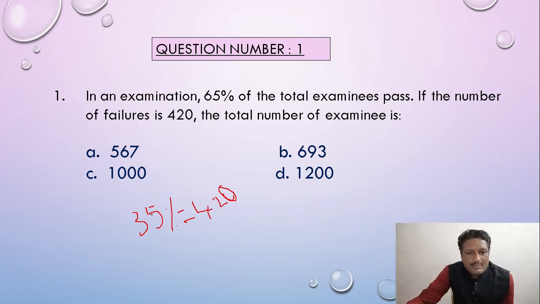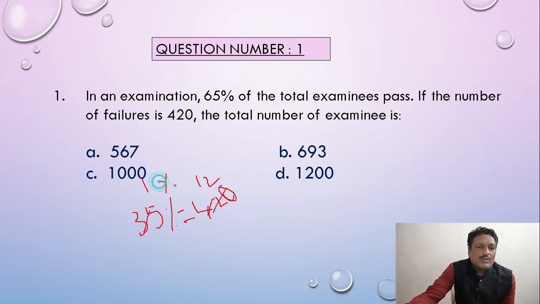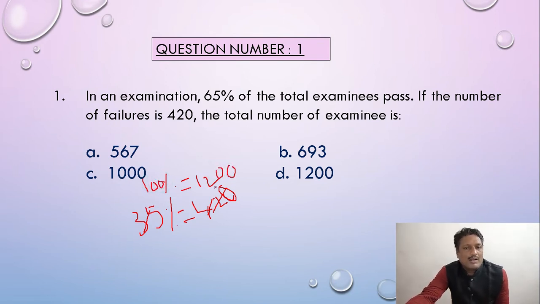See, if we make the calculation, 35 ones are 35, 35 ones are 35, remaining 7 is there, 7 means 70, so 35 twos, so 1% equals 12 only. They're asking for the total number of examinees, that means 100%, so we just put two zeros here and get 100% equal to 1200.